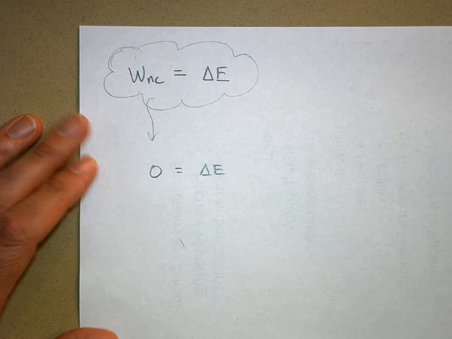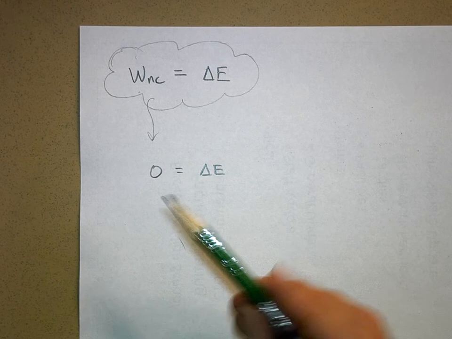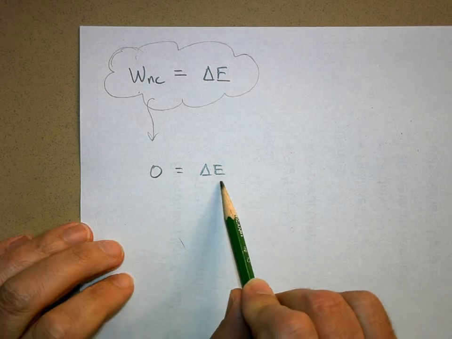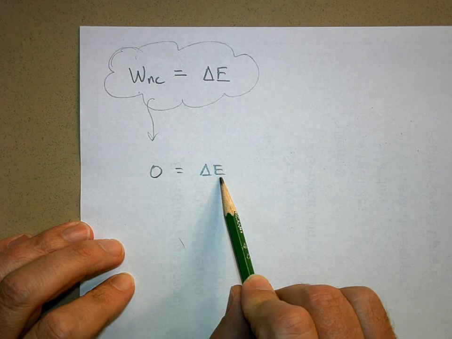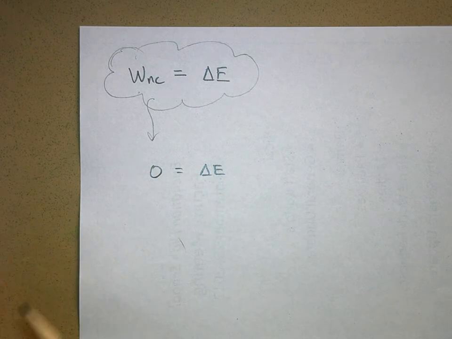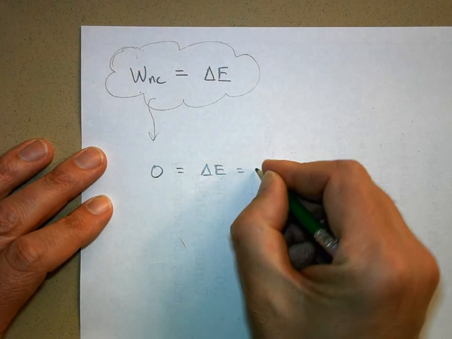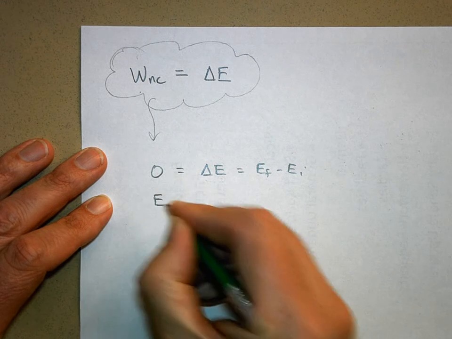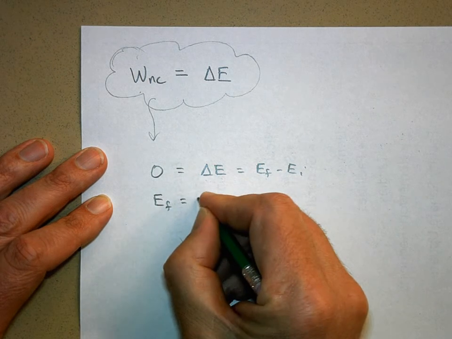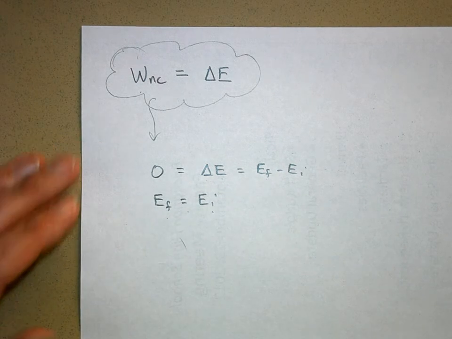In other words, if there are no non-conservative forces acting, then you won't have any change in mechanical energy. Delta E will be equal to 0. And you can use that. Of course, that leads to, well, this is E final minus E initial, and that just leads to the conservation of mechanical energy equation, where the final mechanical energy equals the initial mechanical energy.